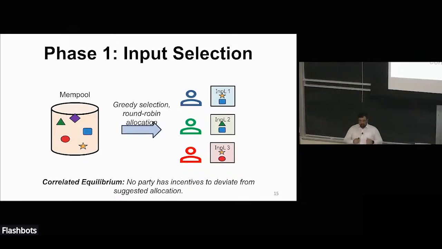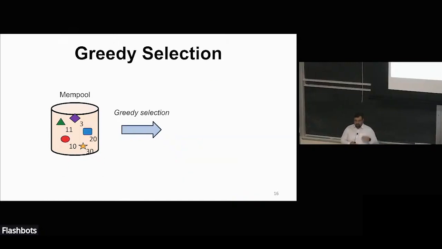So what we suggest in AUCIL is to use a greedy selection, round-robin based allocation for input selection. This achieves a correlated equilibrium where no party has any incentive to deviate from the transactions that have been suggested to it. The way it works is a greedy selection.